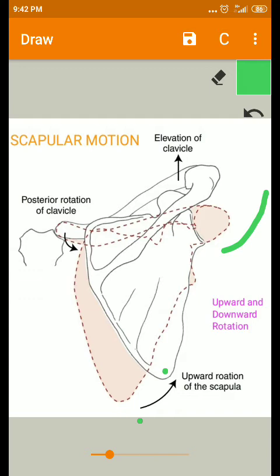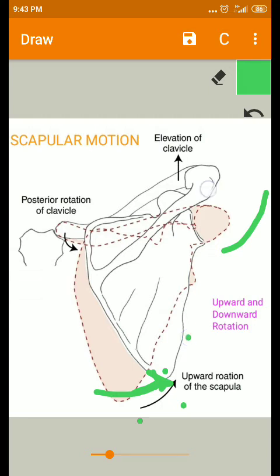Normally, to increase this elevation of the arm, there are 50 to 60 degrees of upward rotation of the scapula taking place. 50 to 60 degrees of upward rotation of the scapula on the thorax is available to increase the range of motion of elevation of the arm.